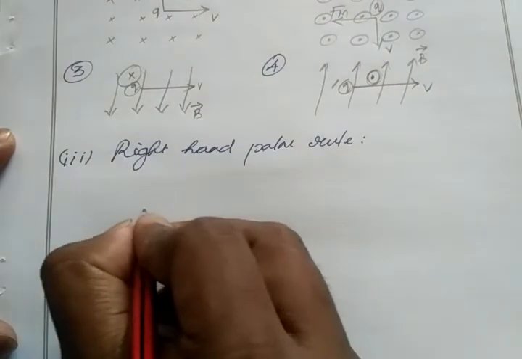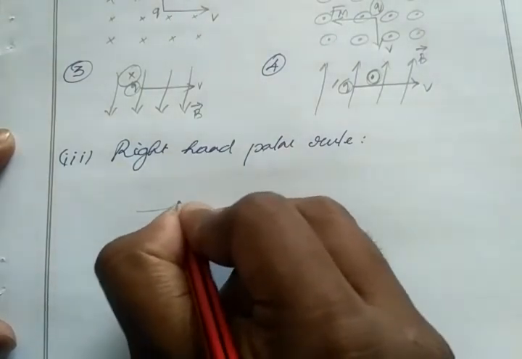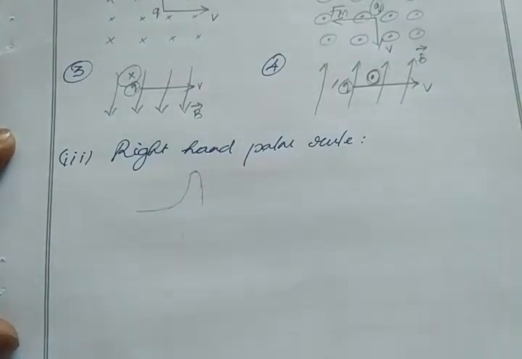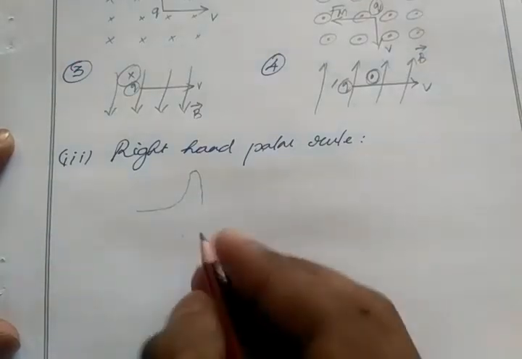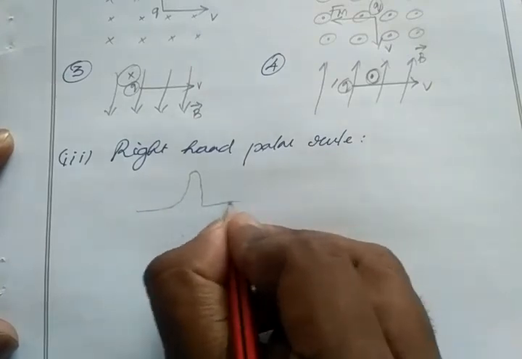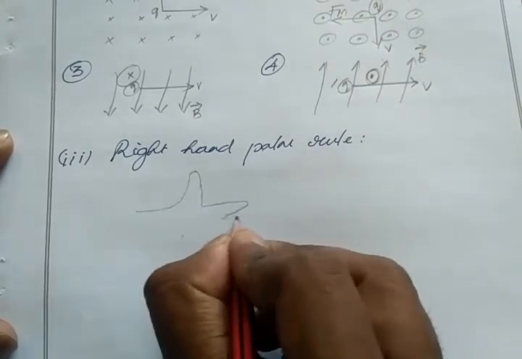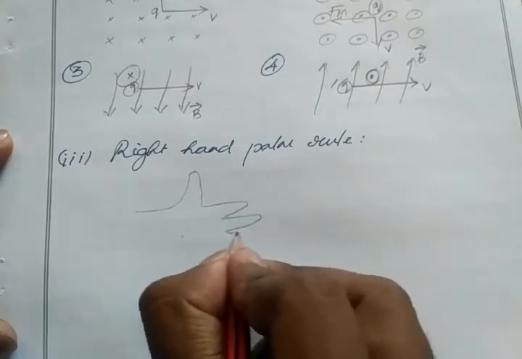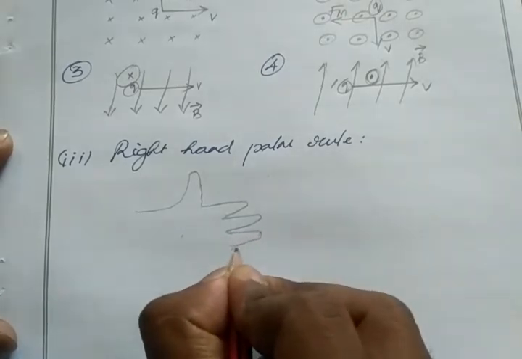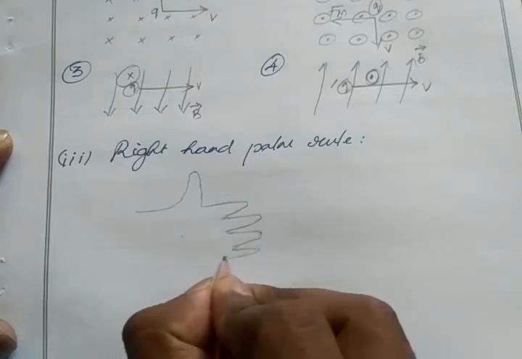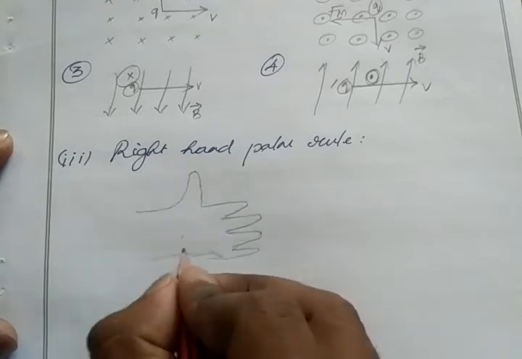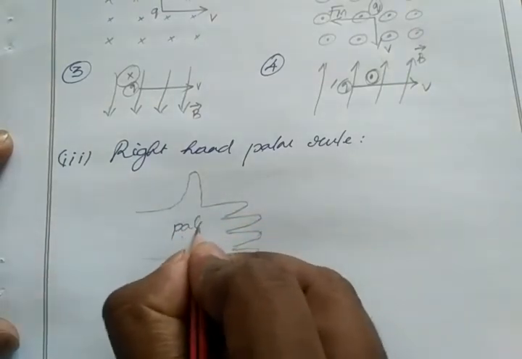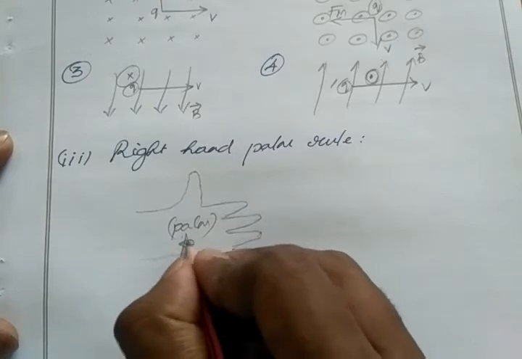So my thumb finger in the direction of motion of charge, my forefinger in the direction of magnetic field, okay, then my palm shows the direction of force. So my palm shows the direction of magnetic force.